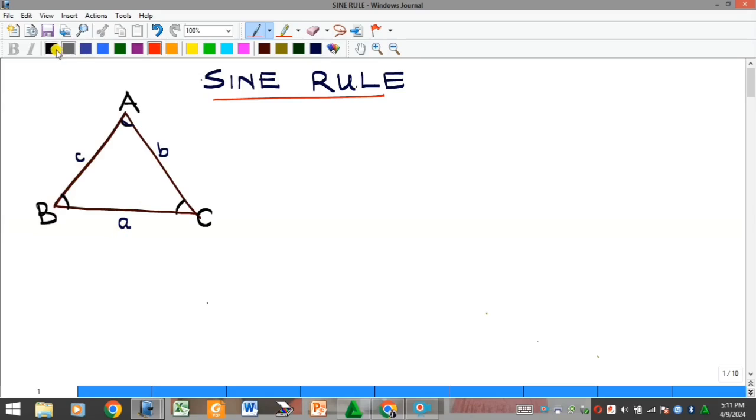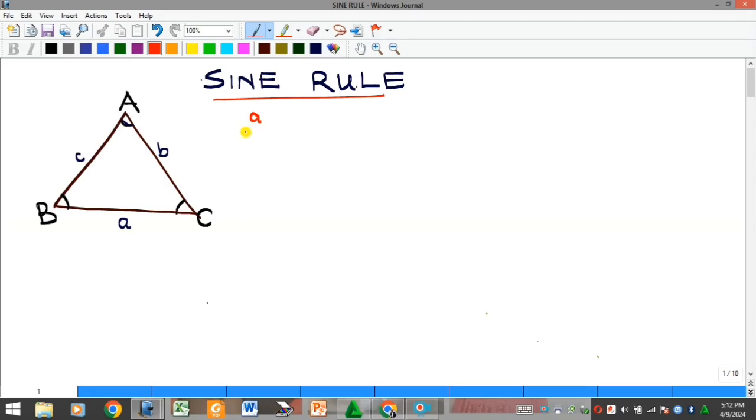Now, what is the statement of the sine rule? It is a relationship that states that a side of a given triangle is directly proportional to the sine of the facing or opposite angle.